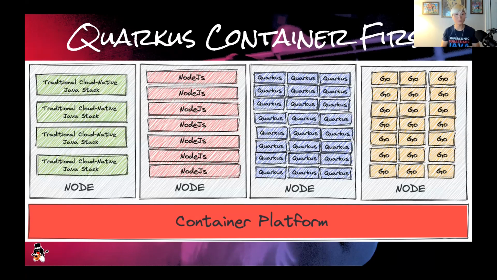And then if you take a Node.js application to implement the same business logic, you can have maybe double the number of pods, for example, 8 pods. And then Golang maybe 24, which is three times compared to a traditional clean Java stack like Spring Boot. This is the evidence that people really want to use Node.js, JavaScript technology, or Golang rather than Java.